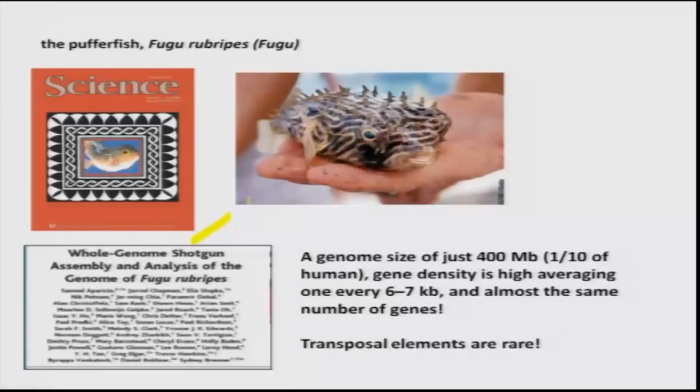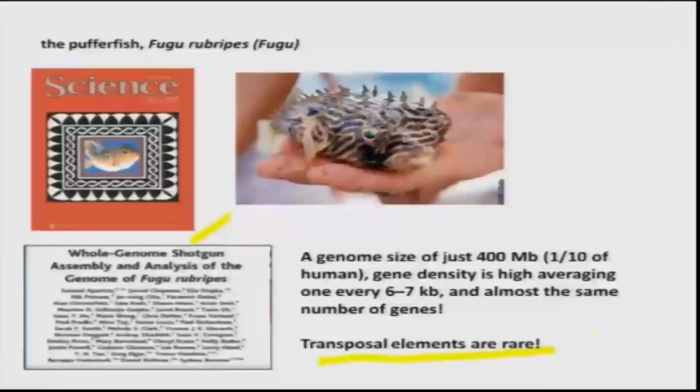So that led to the whole genome sequence of this fish, Fugu rubripes, which is normally found in Japan, and is one of the delicacies. People eat this fish, and the sequencing was initiated by Sydney Brenner, who received the Nobel Prize for his work on C. elegans.